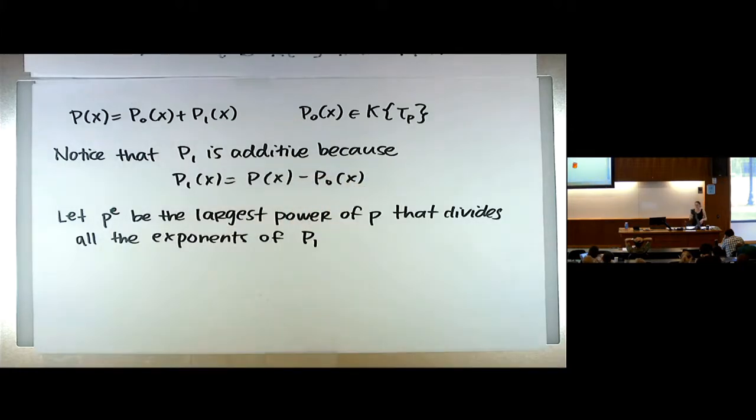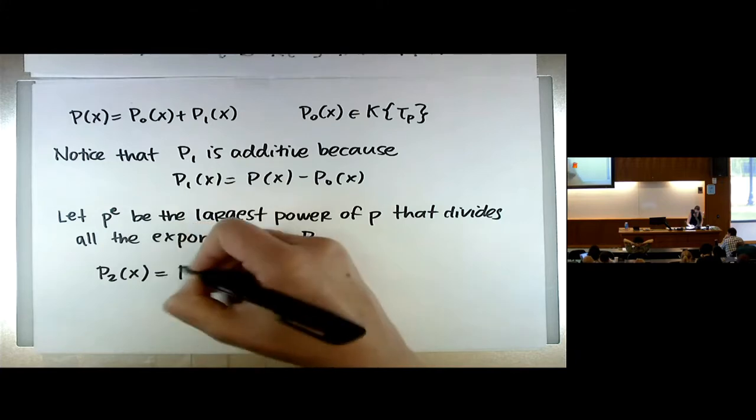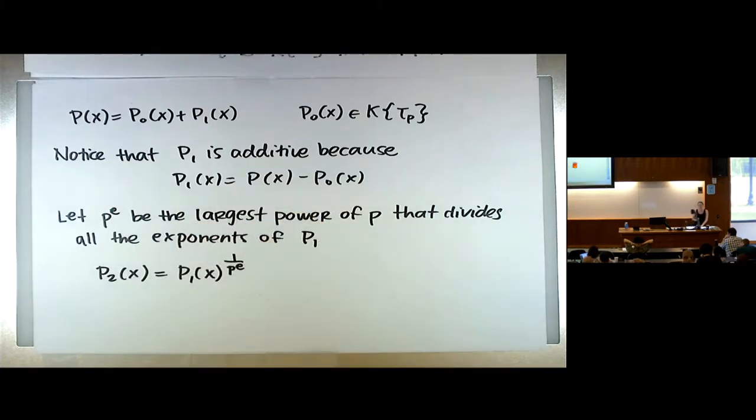So maybe it was like 2P, 3P, then that would just be P, but maybe it was like 2P squared, 3P squared, and then P squared would be the largest, whichever one. And I'm going to let P2 of X be P1 of X to the 1 over P to the E. And now I win.